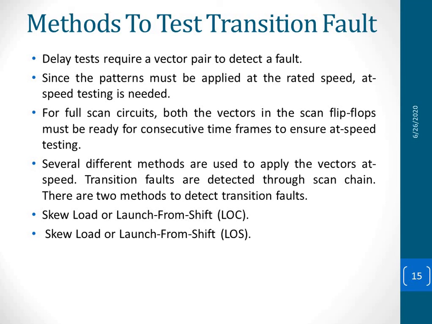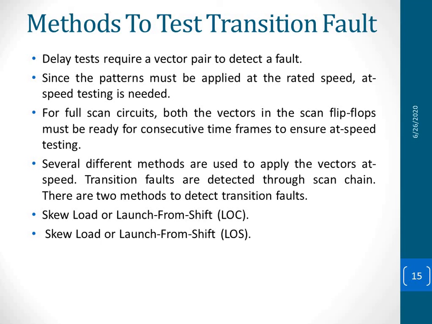Methods to test transition faults are: delay tests require a vector pair to detect a fault. Since the patterns must be applied at the rated speed, at speed testing is needed. For full scan circuits, both the vectors in the scan flip-flops must be ready for consecutive time frames to ensure at speed testing.